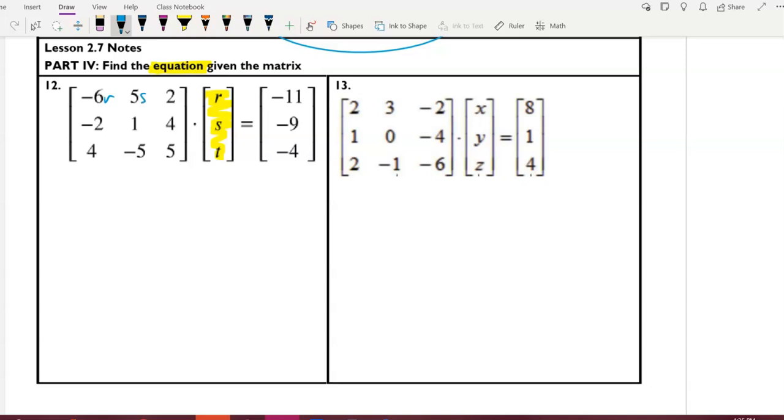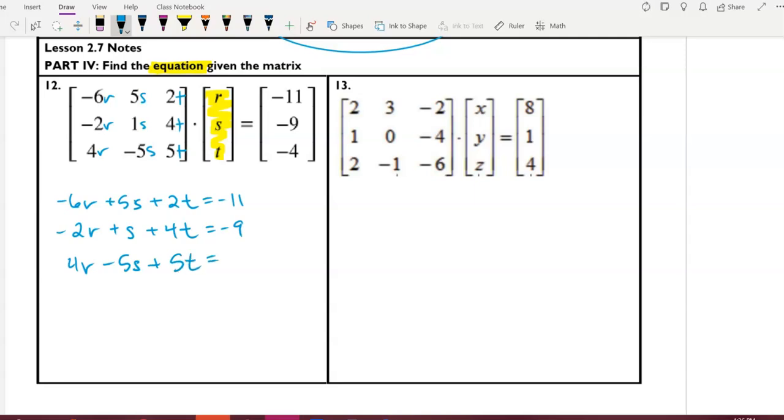So this is going to be R, S, T, R, S, T, R, S, T. So our equations will be negative 6R plus 5S plus 2T equals negative 11, negative 2R plus S plus 4T equals negative 9, 4R minus 5S plus 5T equals negative 4. It's that easy. All right, let's do the next one.